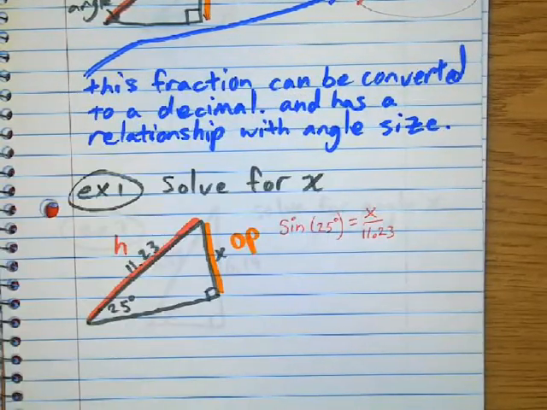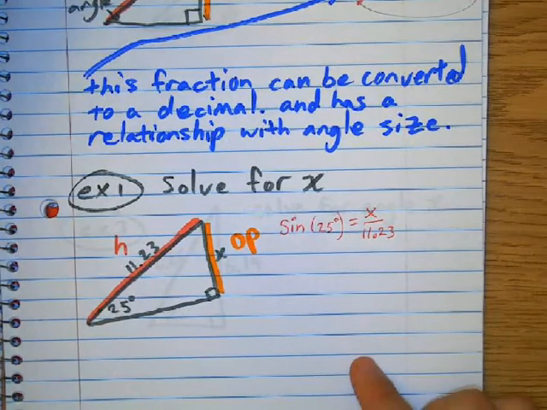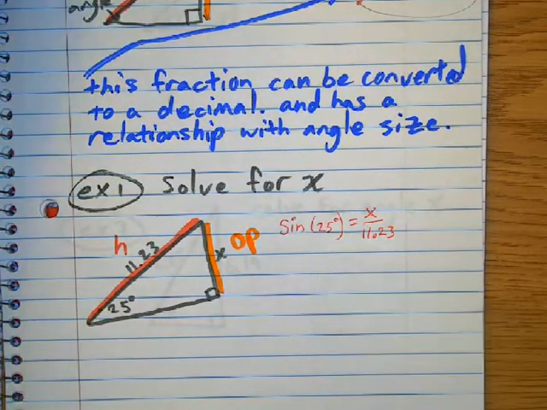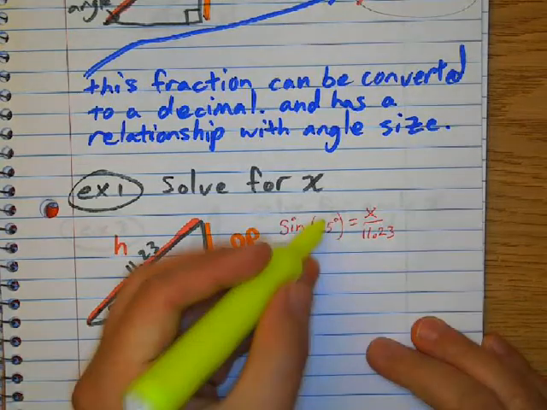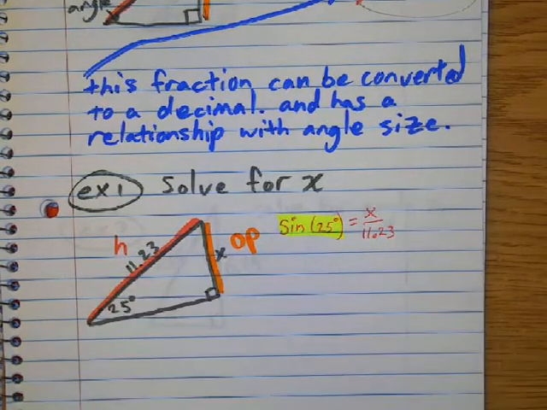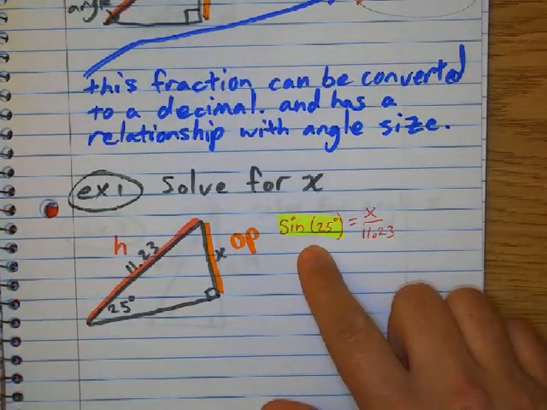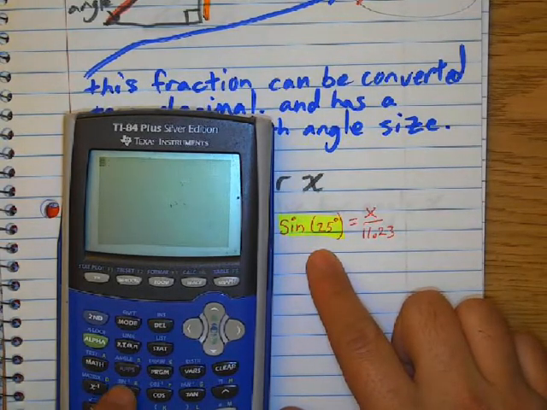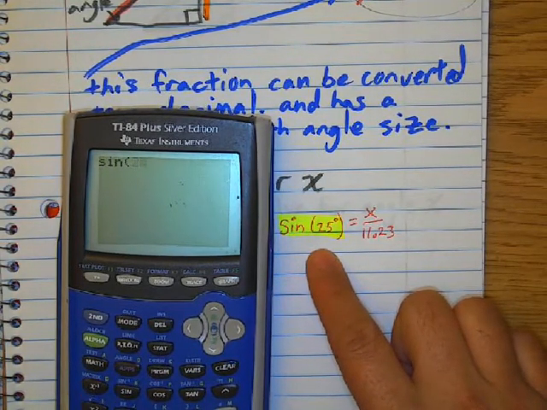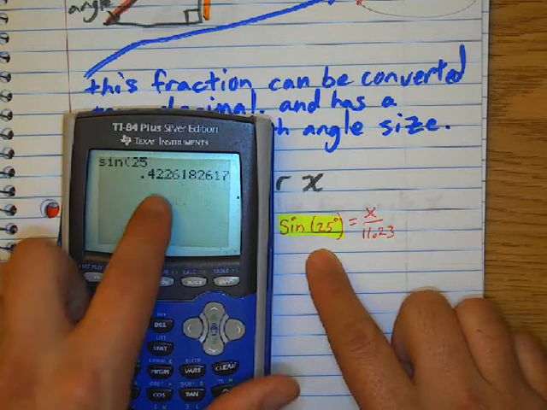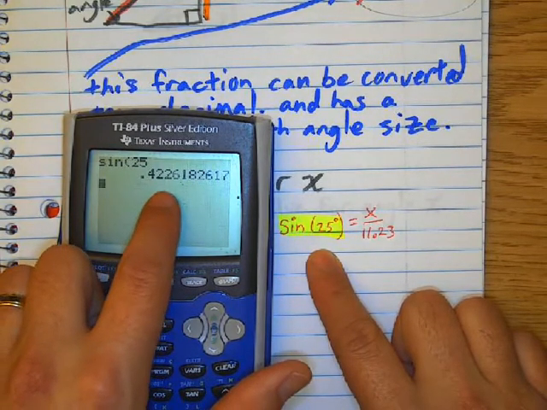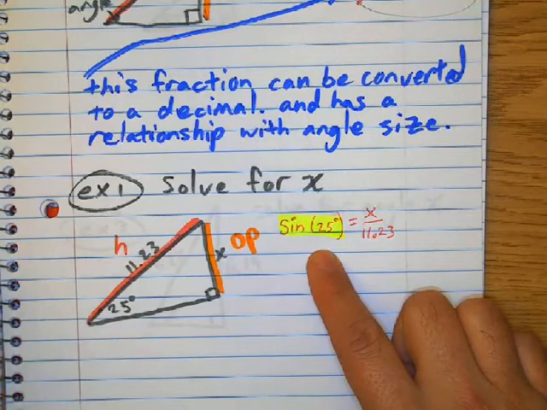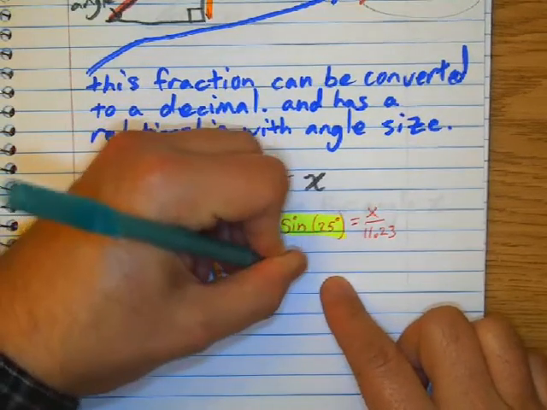Then I'm going to find the decimal for this ratio. With the calculator, I hit sine 25, enter, and I'm going to get 0.423.